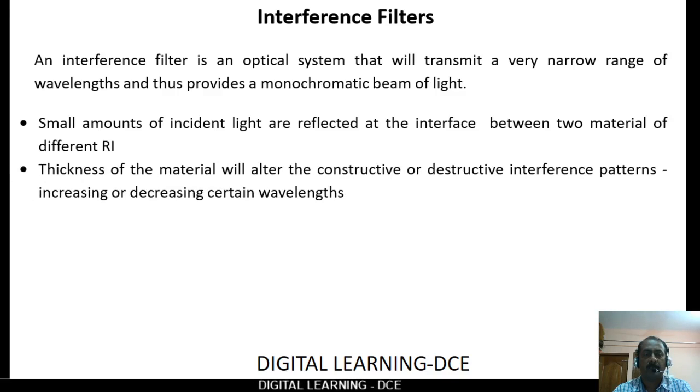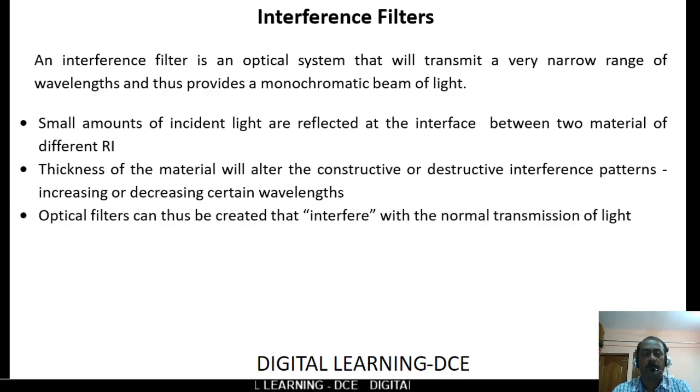Thickness of the material will alter the constructive or destructive interference patterns, increasing or decreasing certain wavelengths. Optical filters can be created that interfere with the normal transmission of light.